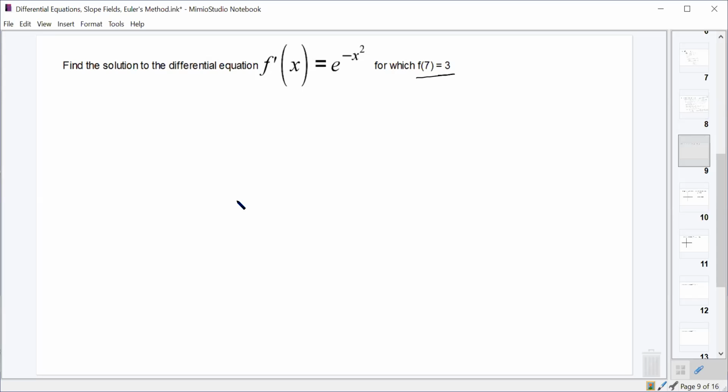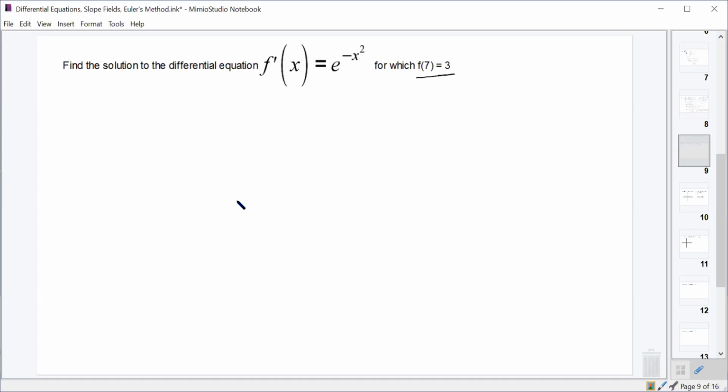There are functions there. Okay, what's the best way to say this? There is a function, or there is a graph of something that when you take its derivative, it looks like this.